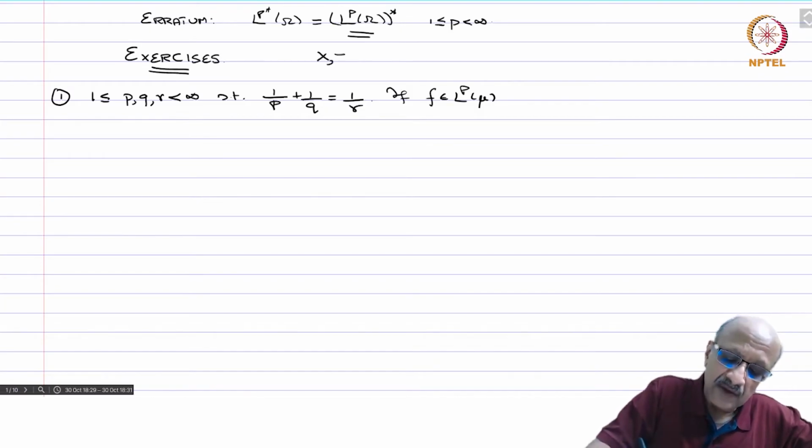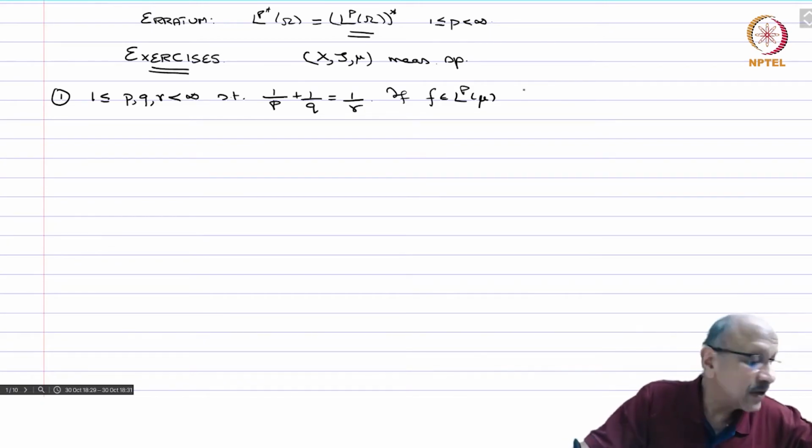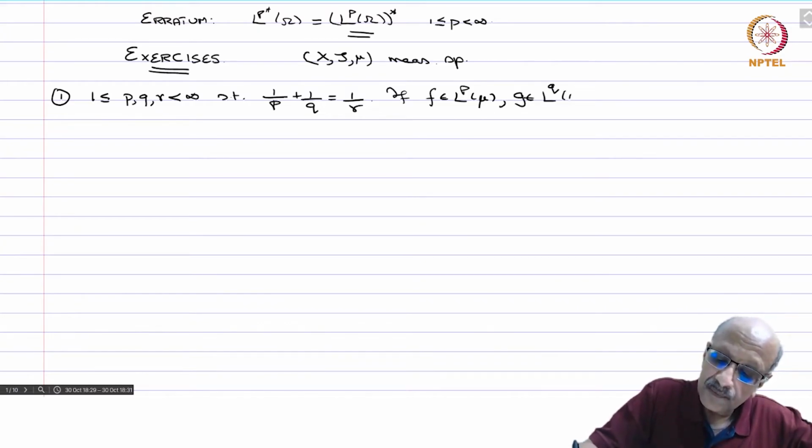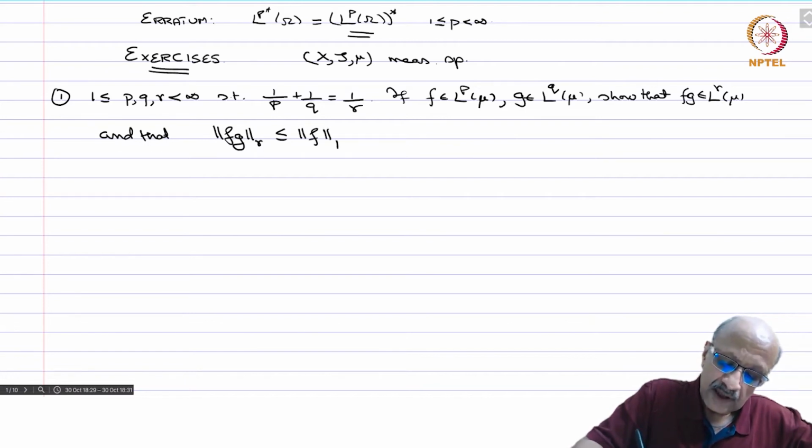Throughout, we will have X, μ a measure space. I will not specify it in every exercise because it's the general hypothesis. If f belongs to L^p(μ) and g belongs to L^q(μ), show that fg belongs to L^r(μ) and that the norm of fg in L^r is less than or equal to the norm of f in L^p times the norm of g in L^q.